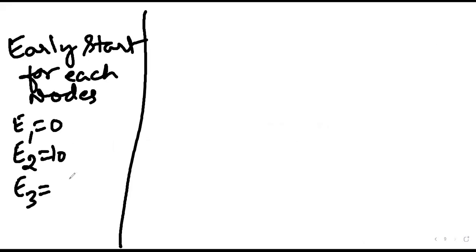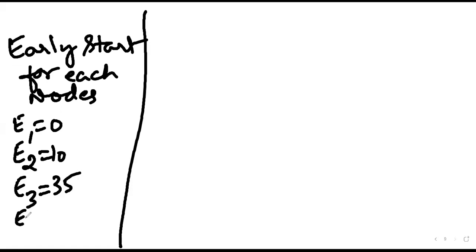In the previous problem, what was the early start for each of the nodes? Can anyone tell what were the early start for each of the nodes? E1 was 0. Okay. Next. What was E2? 10. E3? 35.